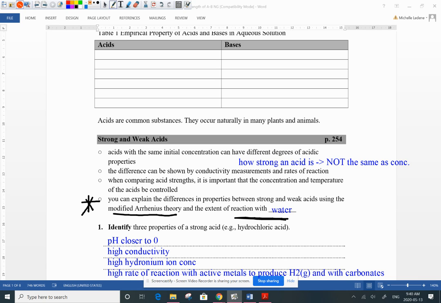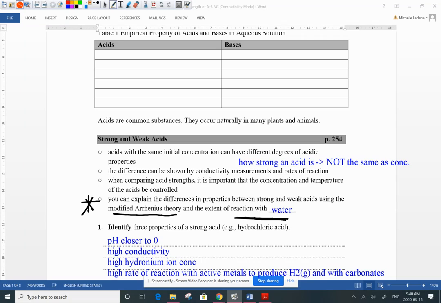So you guys already know your strong acids are the ones in the data booklet, and they are above the hydronium. If you were to test them, some observable properties: their pH would be closer to 0, right? The bottom end of the pH scale, the lower numbers.